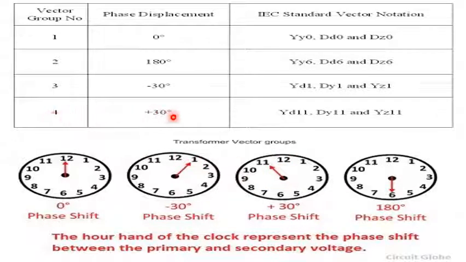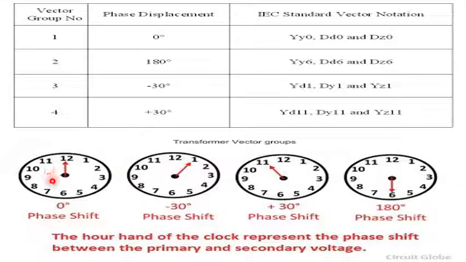The fourth vector group is plus 30 degree, that is capital Y capital D L1, that is capital D small y L1 and capital Y small z L1. This is the 30 degree phase shift, with 11 o'clock clock representation. This is the 180 degree phase shift, the second vector group representation.